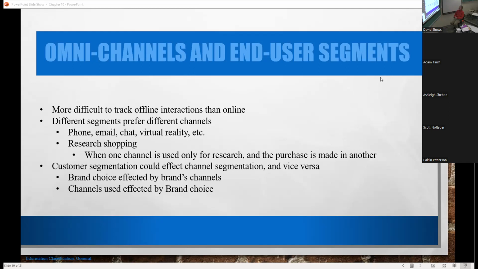Different segments prefer different channels. My father was one of those people who could not ever have used anything other than going to a store, looking it up, and using it. Many other people use email to do their work.